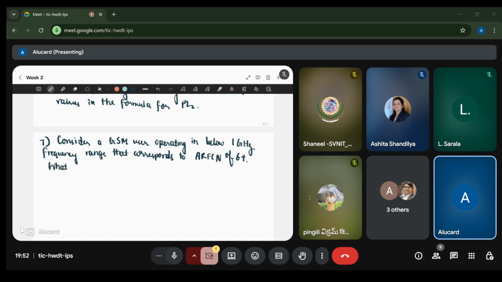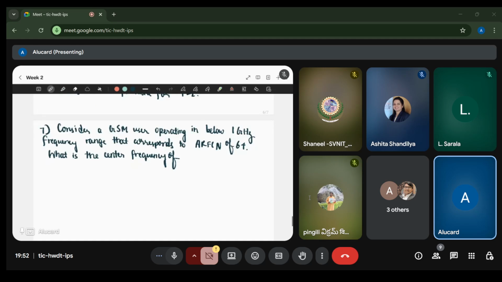What is the center frequency of uplink and downlink?